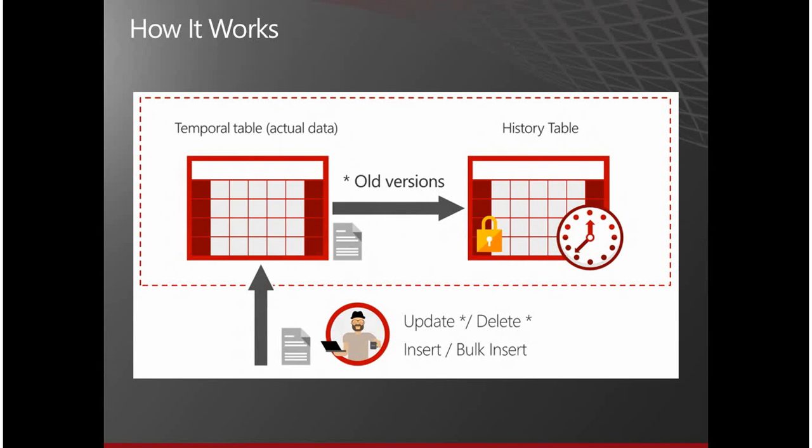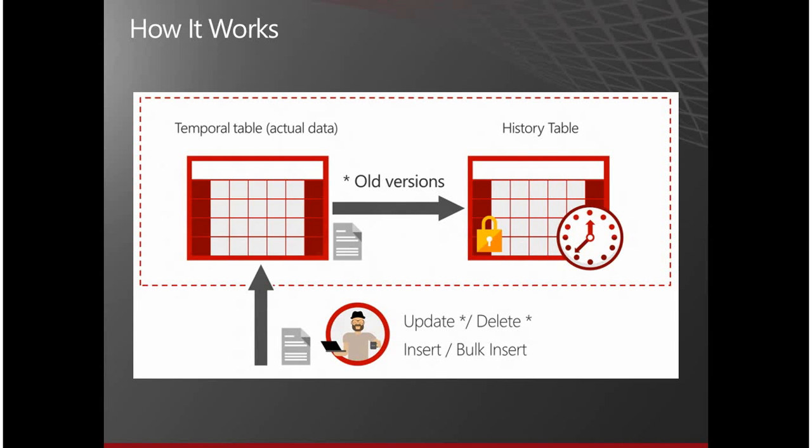What temporal tables do is, if you specify this regular table as a temporal table, it will automatically have a history table to keep its versions. So we don't have to worry about maintaining the history table or anything like that. It's something which SQL Server does for us. So that's how it goes.